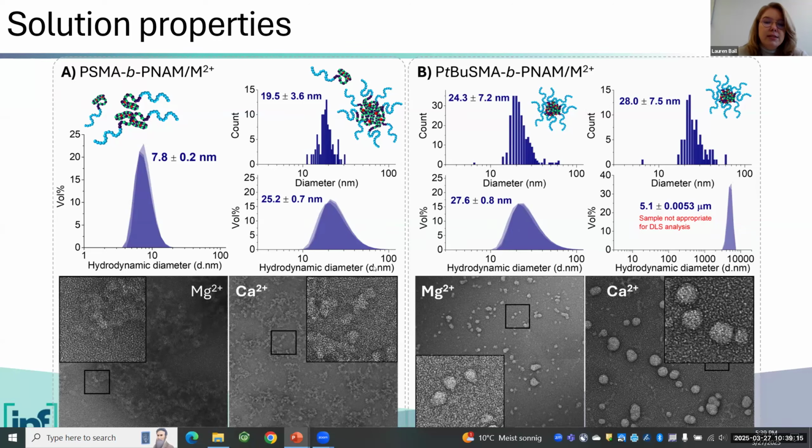For calcium, you can see from DLS that we actually have more micelles than free chains, and from TEM we could see some spherical morphologies, which would suggest some sort of diffuse micellar structures. For tert-butyl SMA, for both magnesium and calcium, we saw very well-defined spherical structures, which would indicate that we do have micelle formation. But in all of these cases, the copolymer maintains full water solubility.